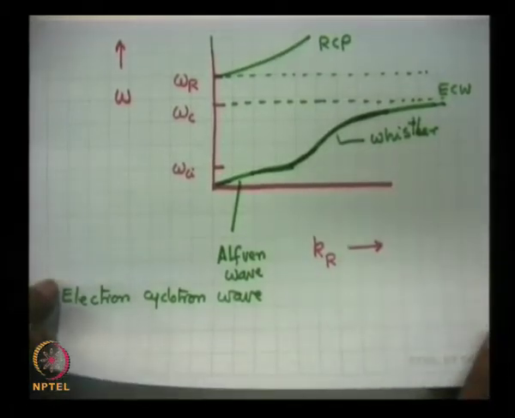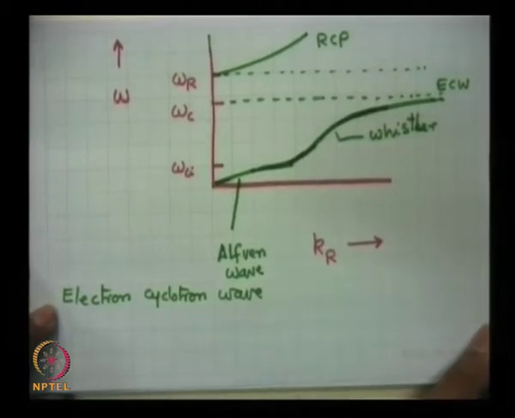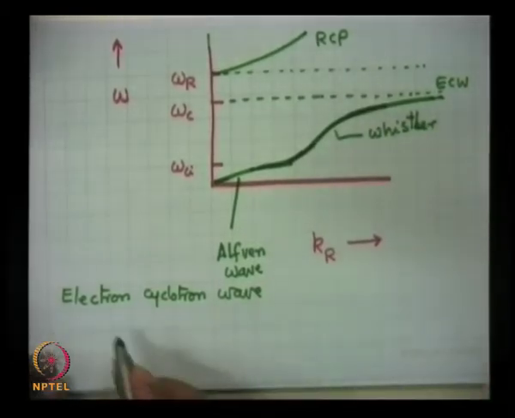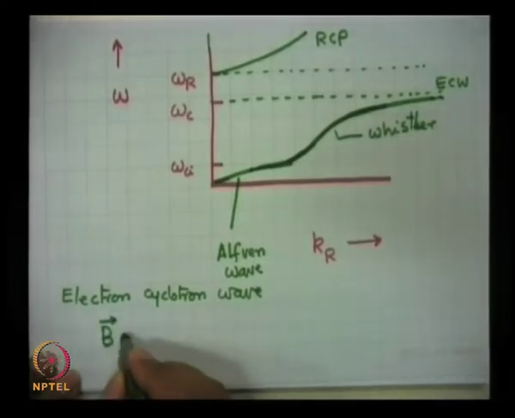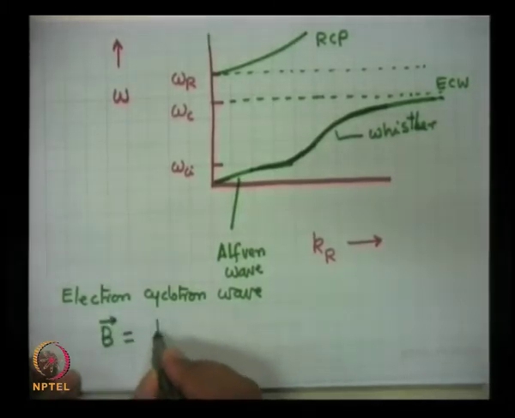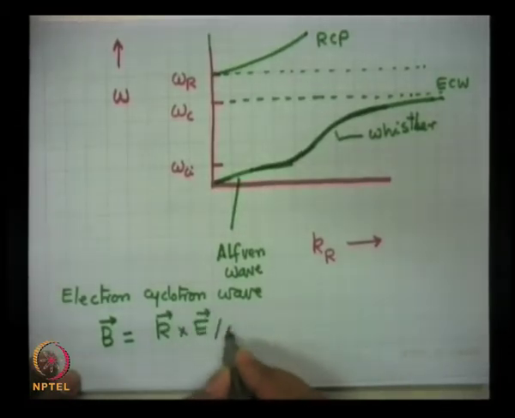So, we have learned something about this. One thing more before I close my discussion on right circularly polarized waves: the magnetic field of these waves, if you use the third Maxwell equation, is given by K cross E upon omega.